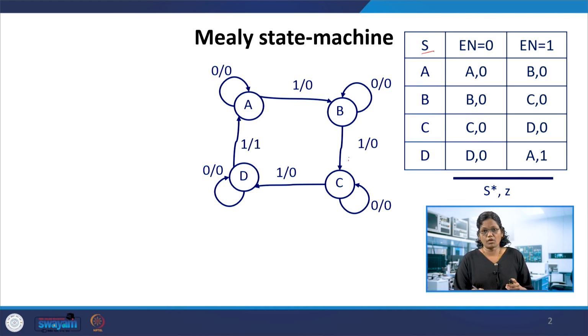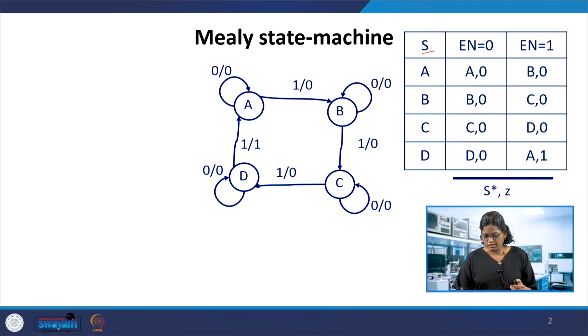If enable is 1, it moves to the next state, in which the output is also 0. C is similar, and then D and A; only at D does it give output 1, if the enable input is 1. Otherwise it stays in the same state.